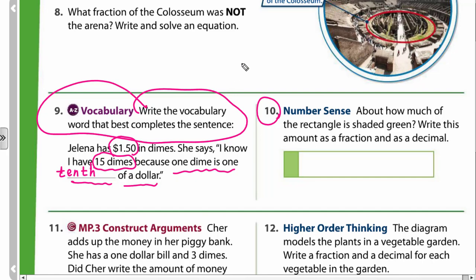Look at the question carefully. So if you write 0.1, your answer will not be correct. The question is, write what, Maitham? The vocabulary word that best completes the sentence. So we need to write a word, not a number. Okay, is it clear now?